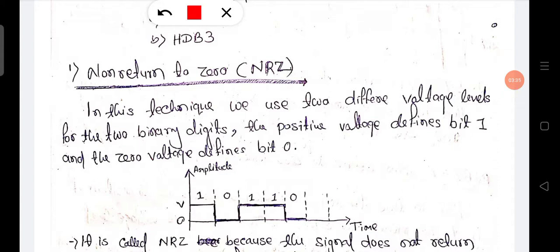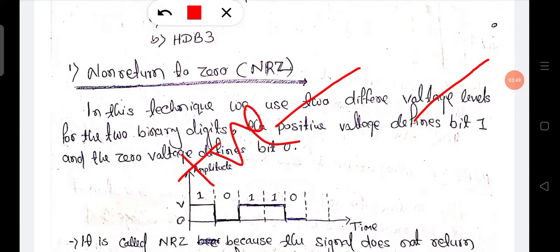there are two levels of voltage. Okay. This is positive. Okay. This is zero. Two voltage levels are considered here. Okay.